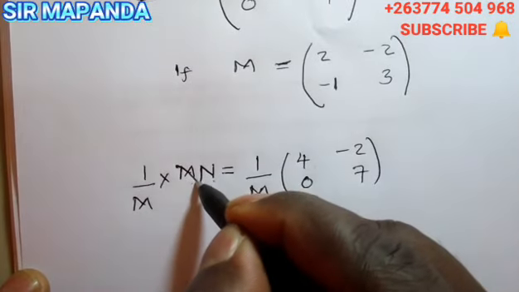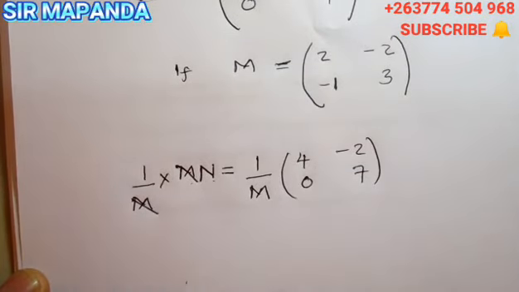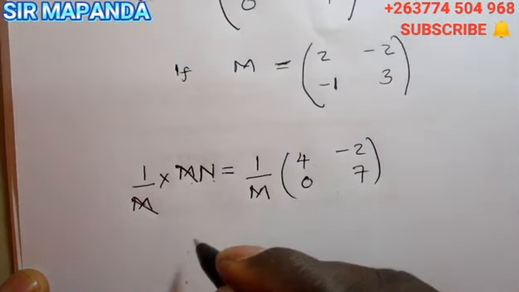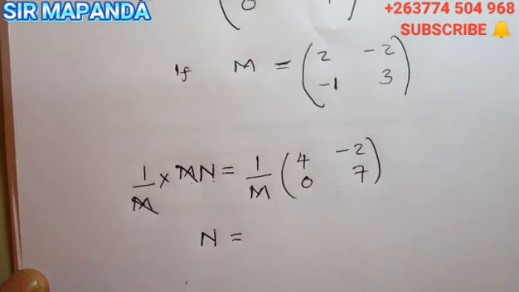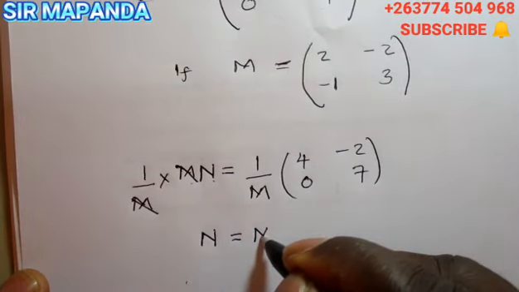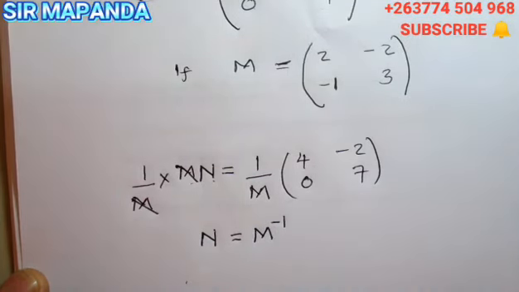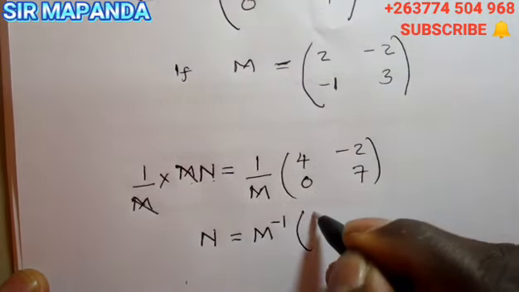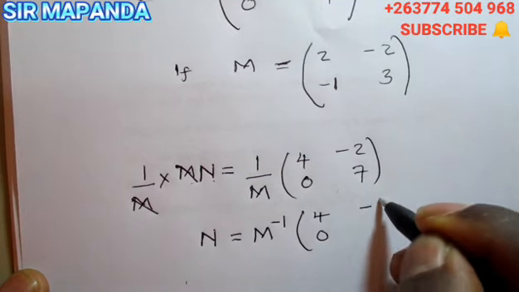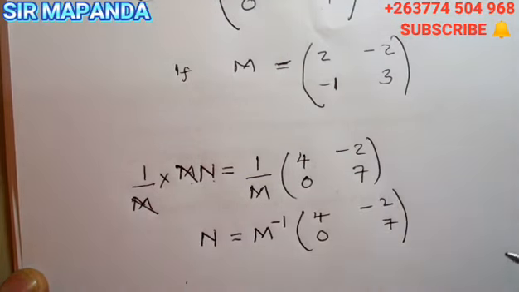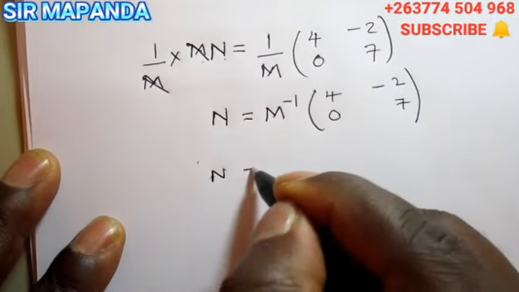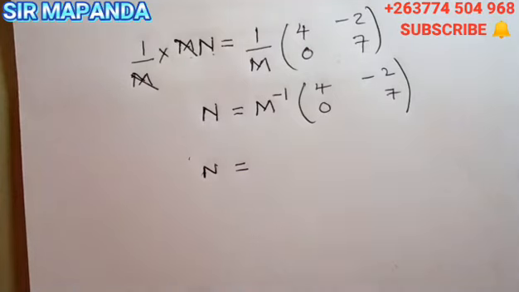So matrix M and matrix M cancel out each other, leaving you with N on the left side. 1 over M is now written as M to the power of minus 1 using the laws of indices. Then you have 4, 0, minus 2, and 7.